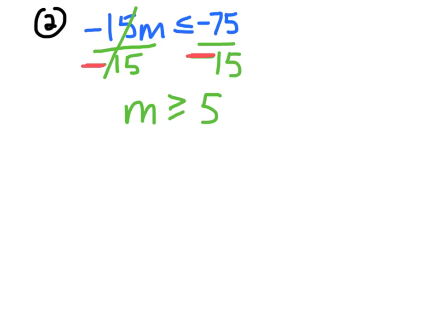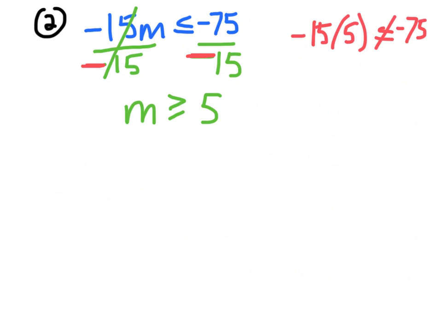We, of course, always want to check to make sure that our answer makes sense. So if we were to substitute 5 into our inequality, -15 times 5 is -75. This is not less than or equal to -75.